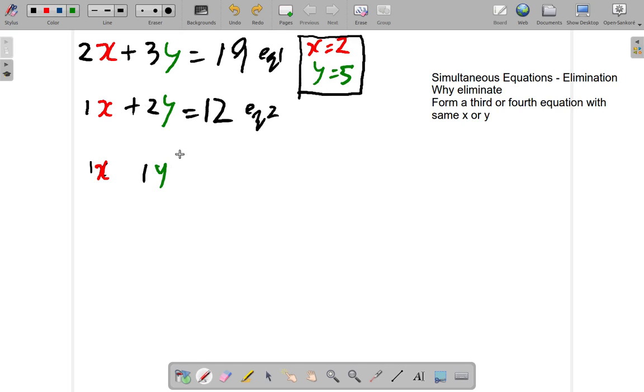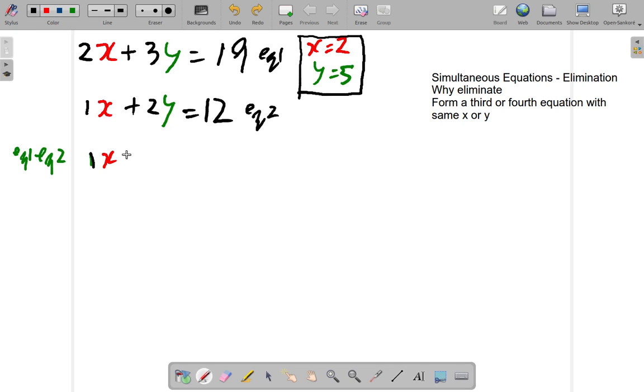Alright? So basically, if you want to get rid of an x or a y and you say equation 1 minus equation 2, you need to say x minus x, y minus y, number minus number. What would happen? 2x minus 1x is going to be 1x. You still did not get rid of x.